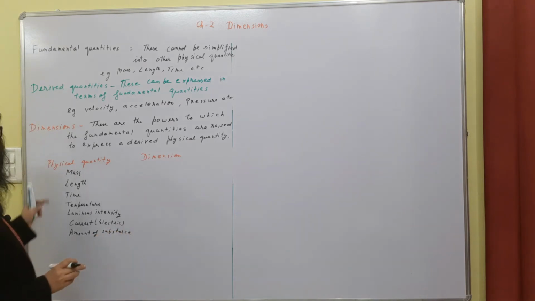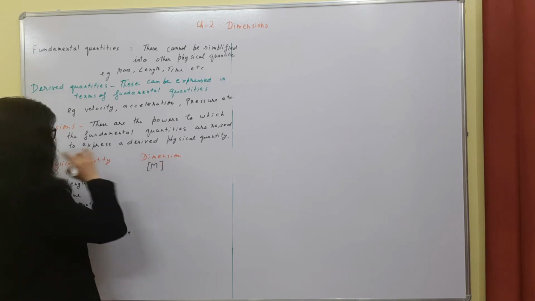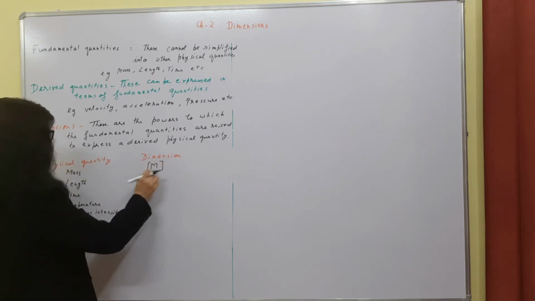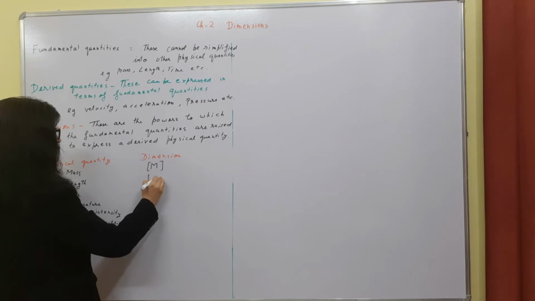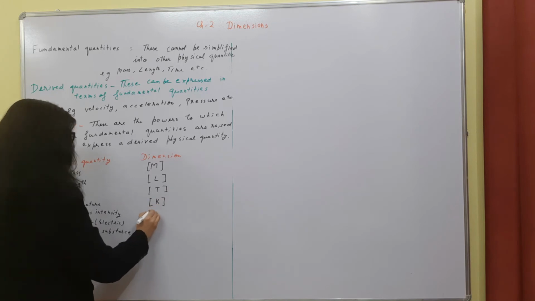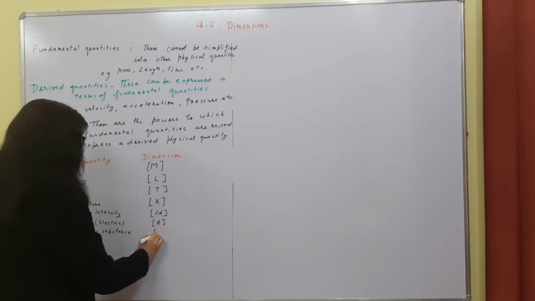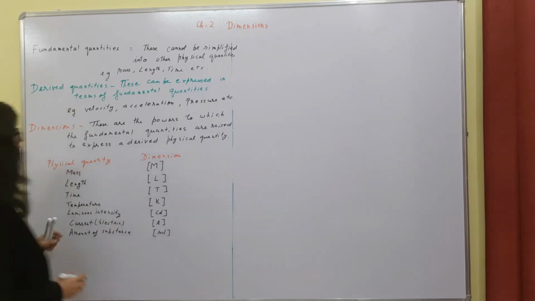These are the fundamental quantities. Its representation is, the dimension of mass is represented within the square bracket as M, here this is L, here this is T, temperature is K, luminous intensity is candela, current is A, amount of substance is MOL, right?